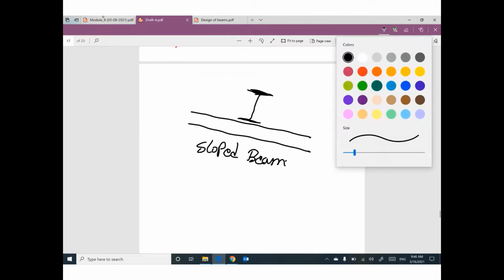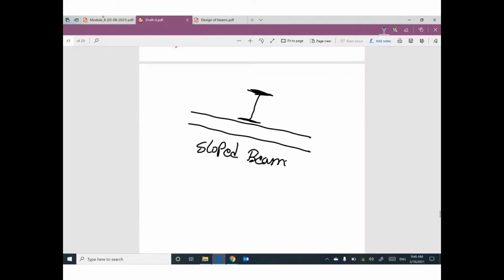What is the issue? The issue is any applied load must be vertical, because the weight of anybody in this world is vertical. The live load is vertical. So your load will be vertical, but the beam is tilted. What is the problem? No problem.